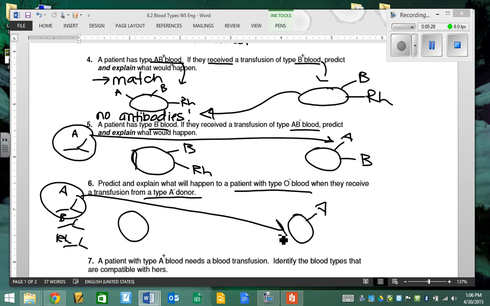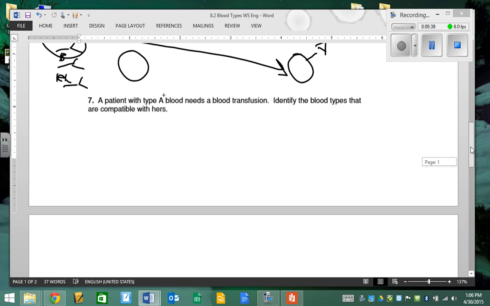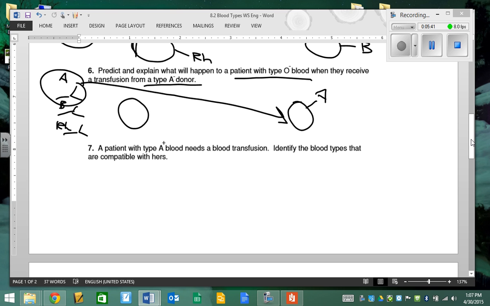Does anyone have any questions they want to ask about 4 or 5 or 6? So 7 is fairly similar, except that I'm asking you which types of blood could I give this person. So they have A positive blood. If you have A positive blood, that means you have A antigens, you have Rh antigens, but you don't have any B antigens.